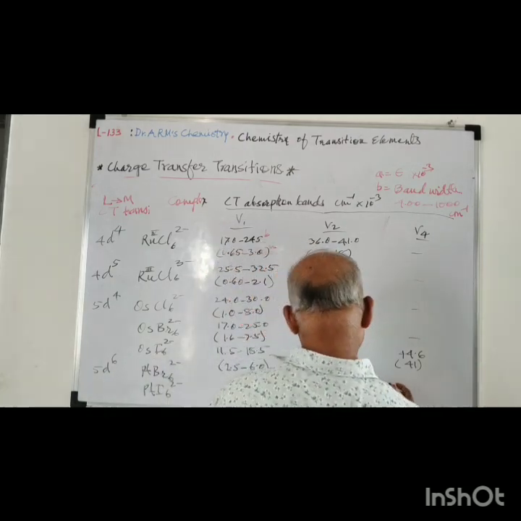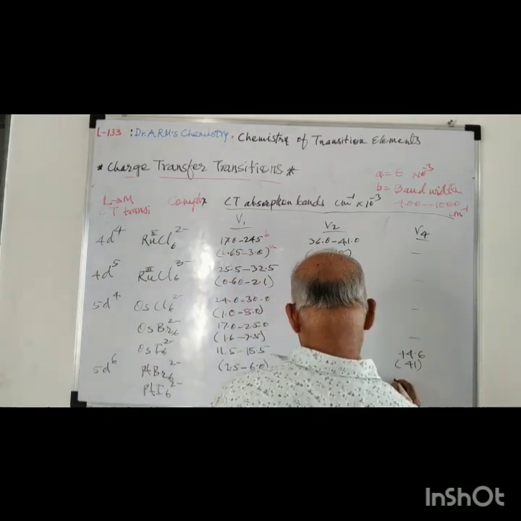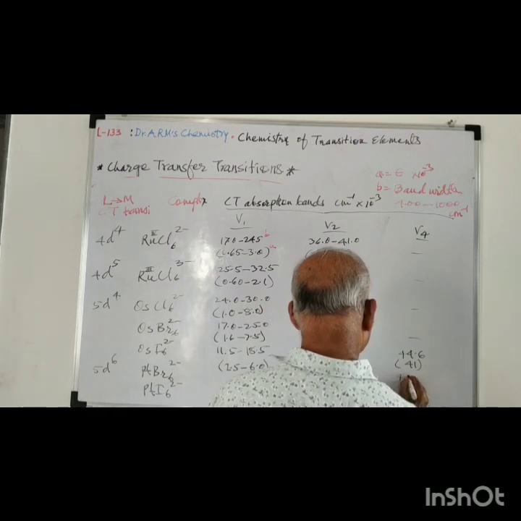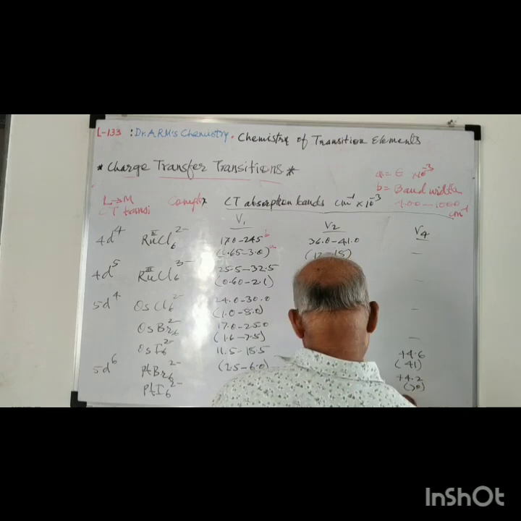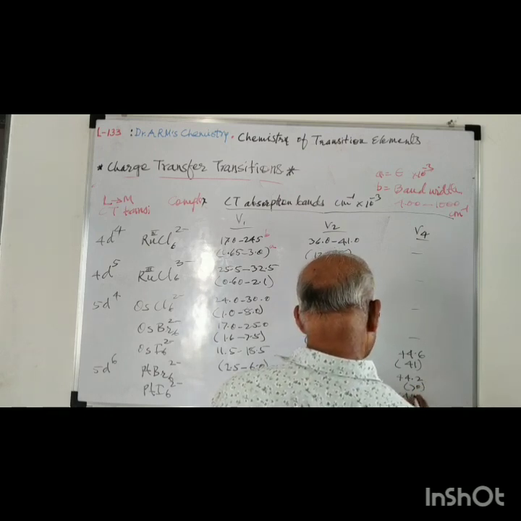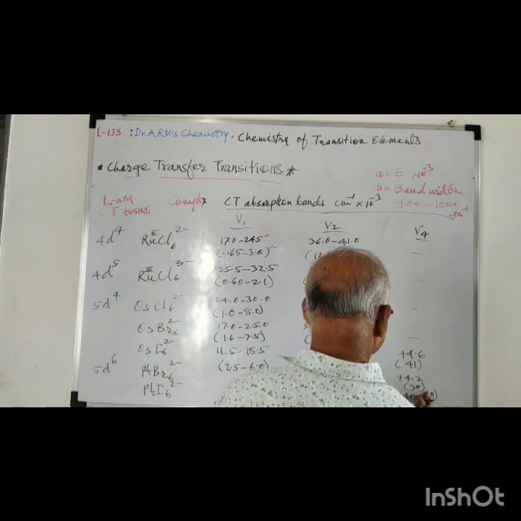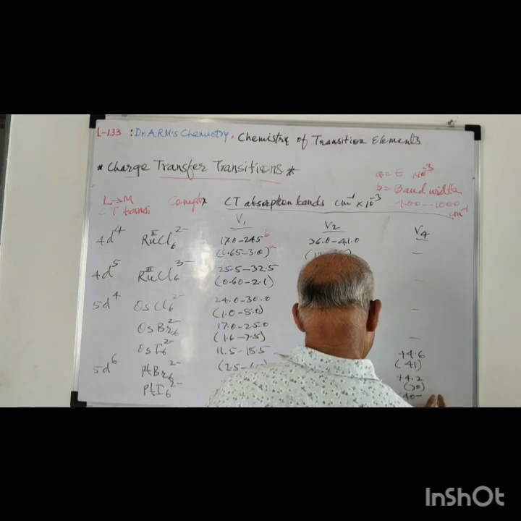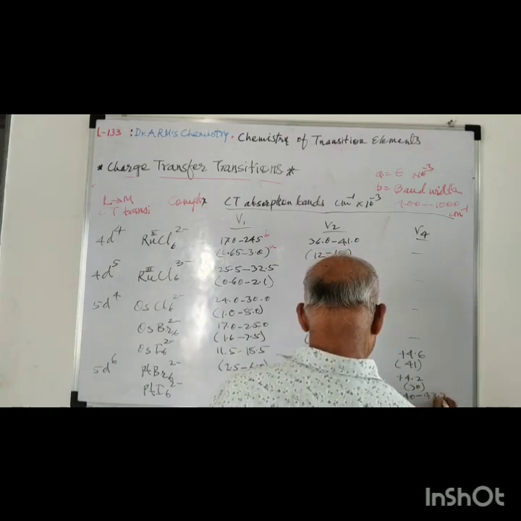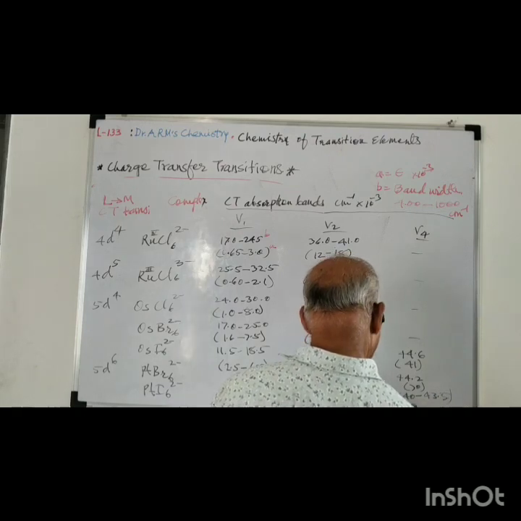Then here we will have V4 values for this type of complex. These are 44.2 and 70, and 42, 60 and 42, 43.2, 43.5 and there it is 42, 16.